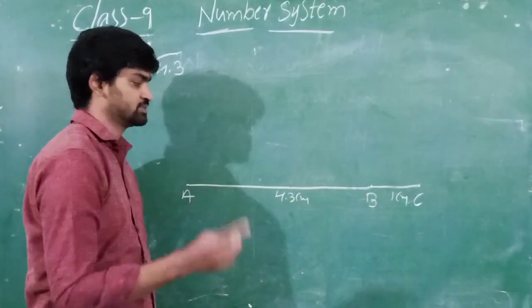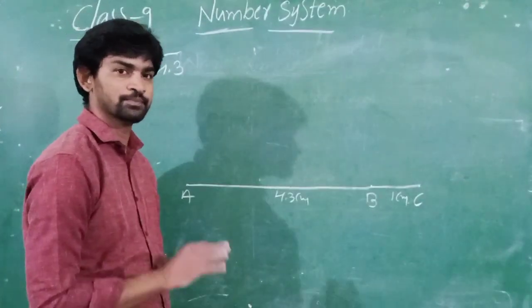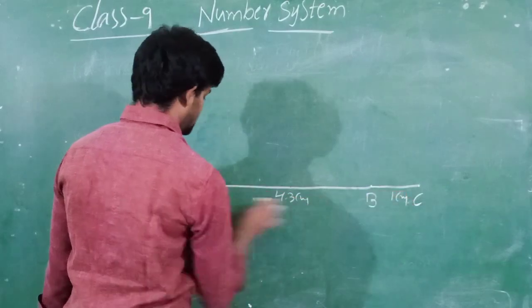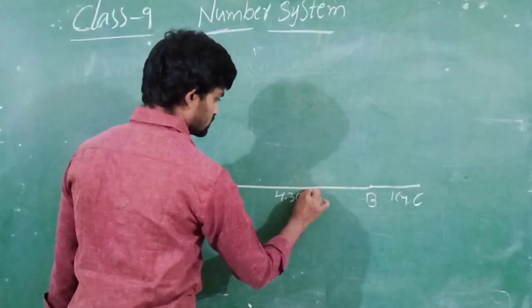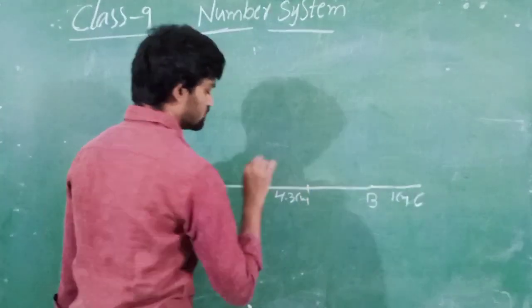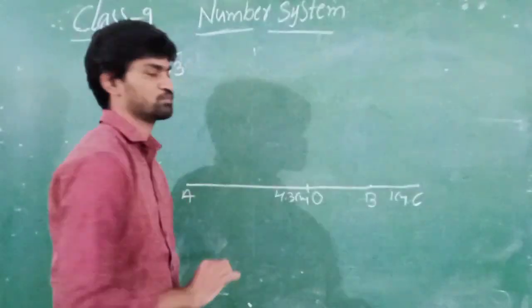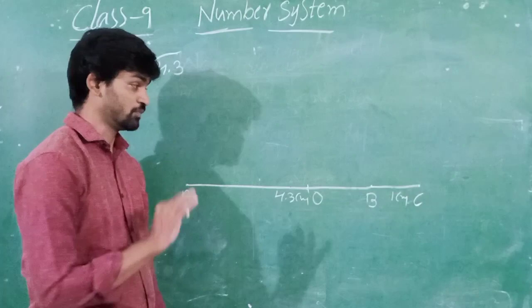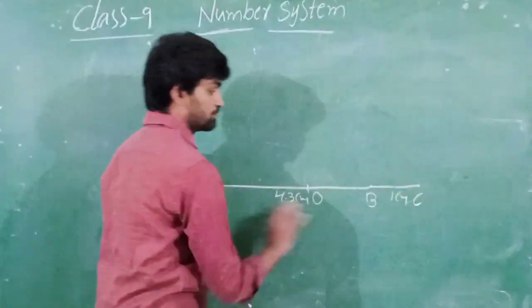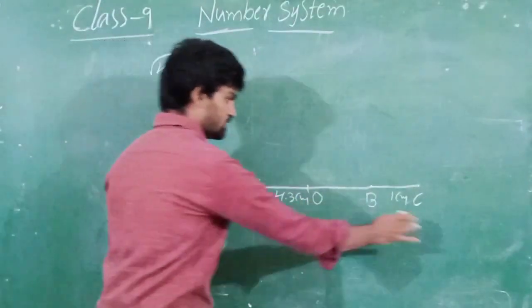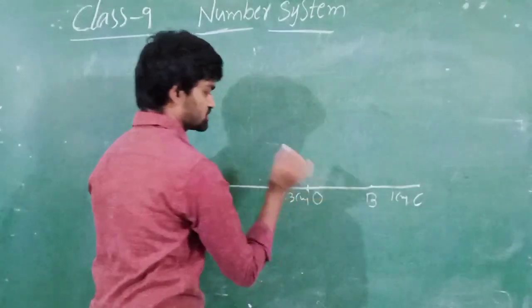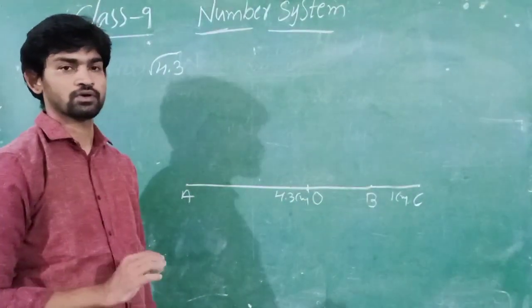What is the meaning of bisect? Means we are finding the midpoint. So the midpoint of AC. So I found my midpoint. Name it as O. Midpoint of AC, not AB. Find the midpoint of AC. Mark it as O. Okay.